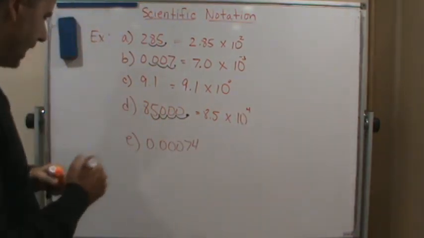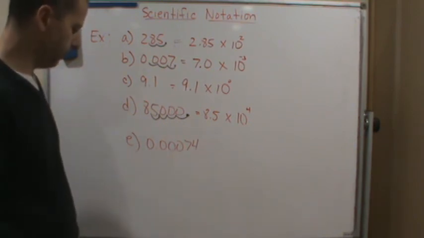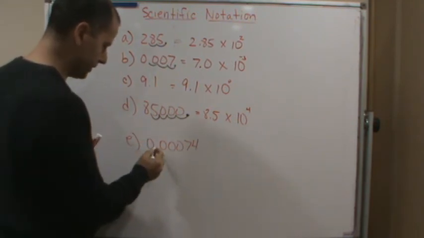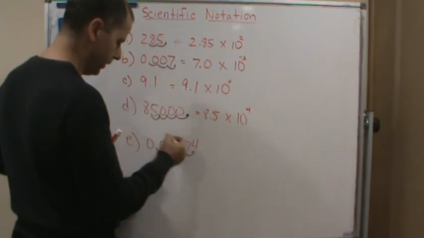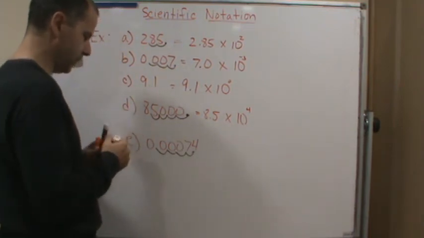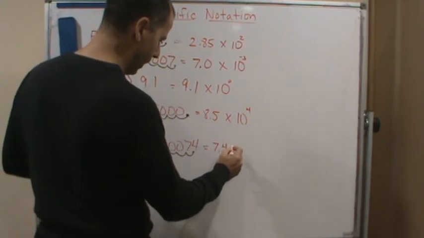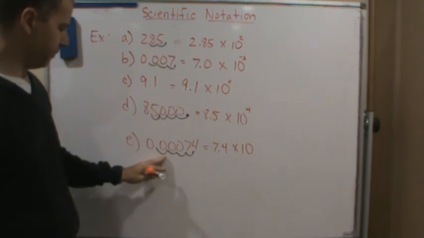And then finally, the last one is 0.00074. And again, I'm going to move the decimal point, in this case to the right, 1, 2, 3, 4. And so now my number is between 1 and 10, so 7.4. And now I'm going to add my power of 10 factor because it's got to represent the same number, right?